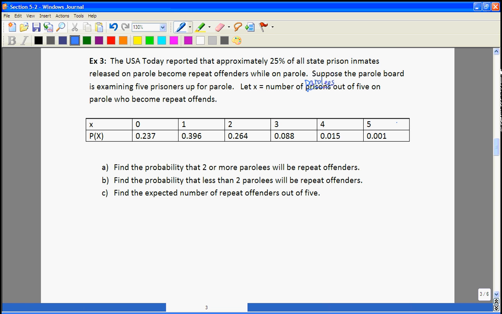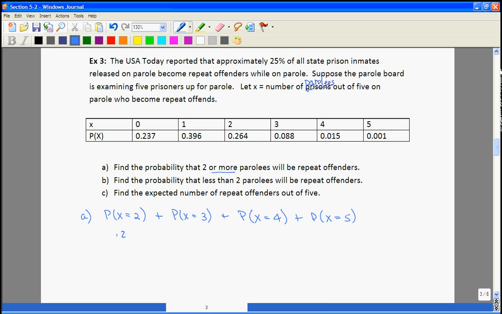Part A, find the probability that 2 or more parolees will be repeat offenders. Well, that "or more" is really important. What that says is I want the probability that either 2 or 3, because that's more, or 4 or 5 become repeat offenders. So to find the total probability that 2 or more parolees will be repeat offenders, we add up all the individual probabilities.